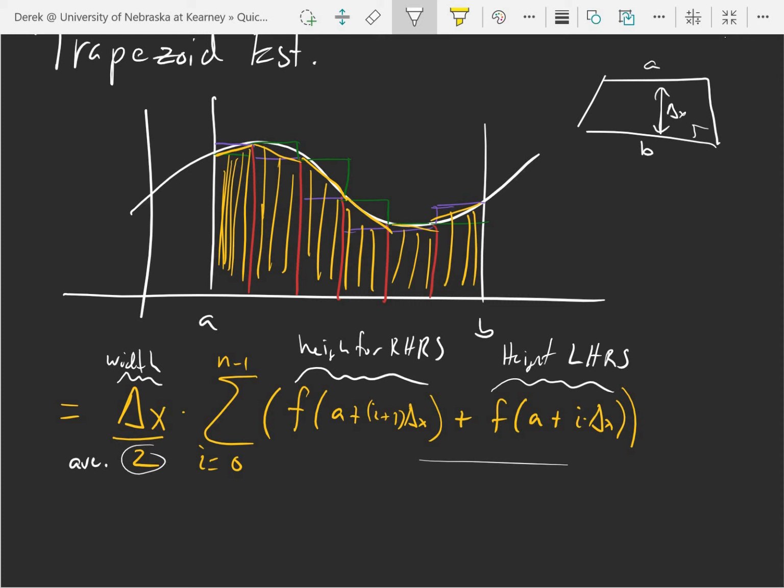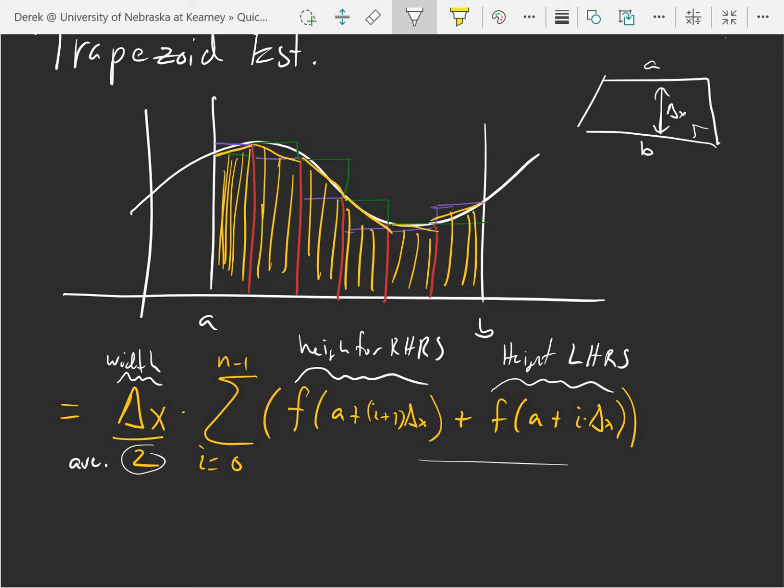Okay, and this is a better estimate yet because it's halfway between the upper sum and the lower sum. It's exactly halfway between the left-hand sum and the right-hand sum, but each of those are between the lower and the upper, so this is a better estimate yet.